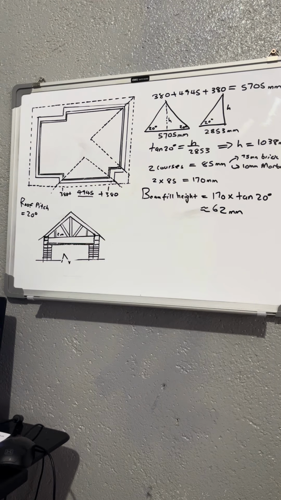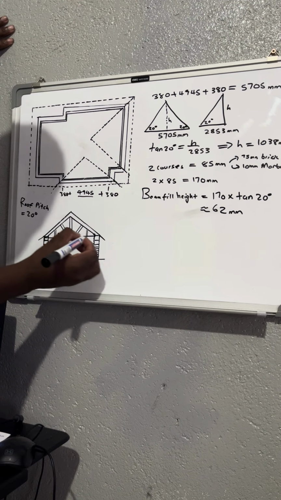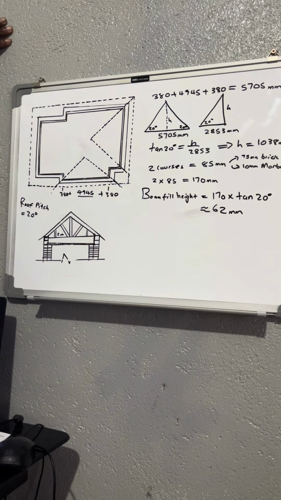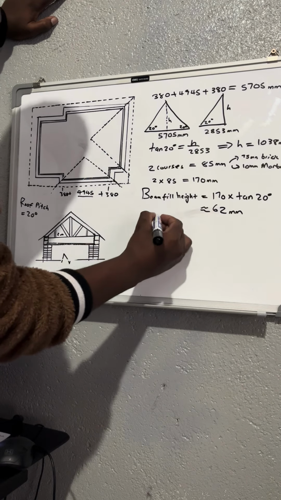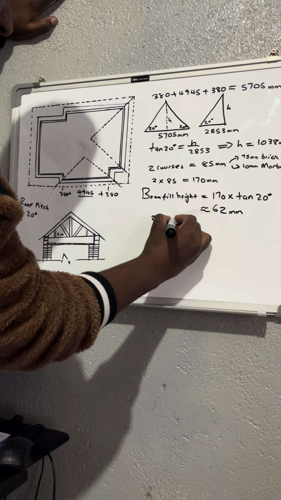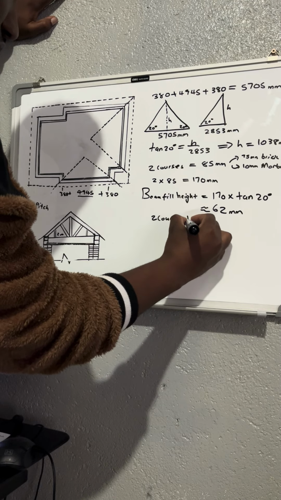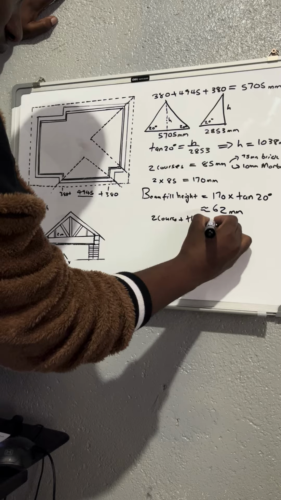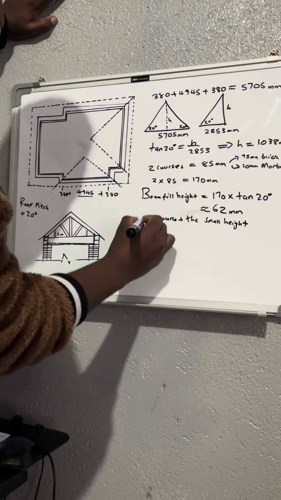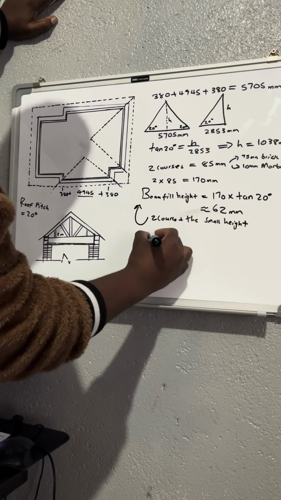So now we can work the overall height from there to there. It's just going to be the 2 courses plus the small height. So this is basically the beam.